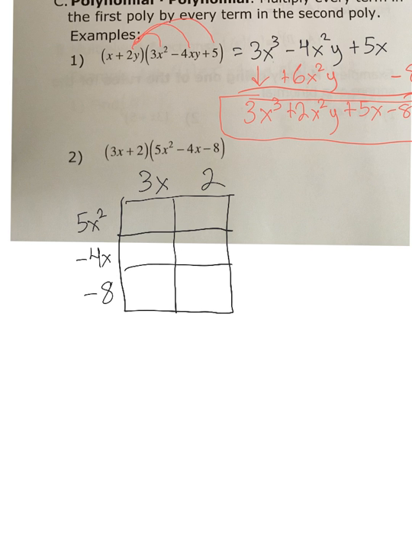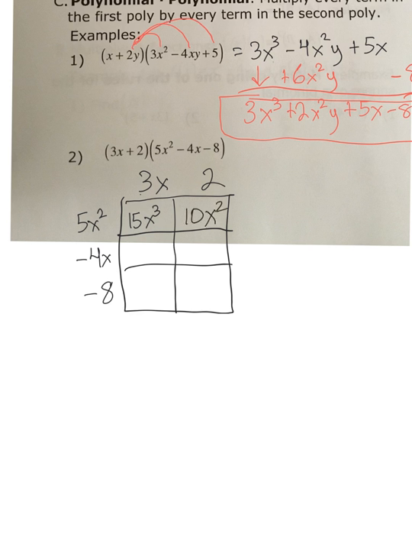All right. So now this becomes like old school multiplication where we do 3x and 5x squared. It becomes a one-on-one. So what's 3x and 5x squared? 15x cubed. Great. And then we have 2 and 5x squared. What do we get there? 10x squared.